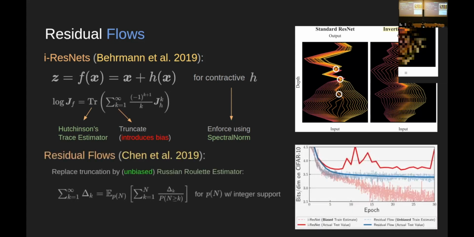So in follow-up work, they showed that, in blue is their follow-up work, the training loss and the test loss seem to match reasonably well. Whereas in the biased case, red, you see the training loss goes down, but it keeps going down, and the test loss becomes unstable and goes up.